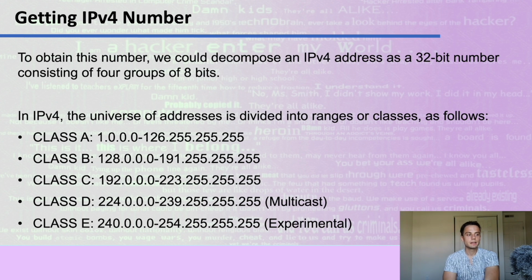According to the rules for obtaining IPv4 addresses, there are a few classes ranging over different IP addresses: Class A, Class B, Class C, Class D, which is the multicast, and also Class E, which is the experimental class. The multicast and experimental IP addresses usually cannot be used as a source of addresses, because they are already in use.